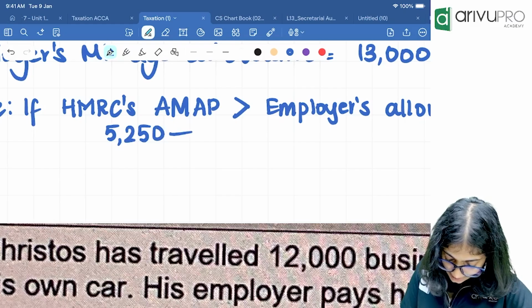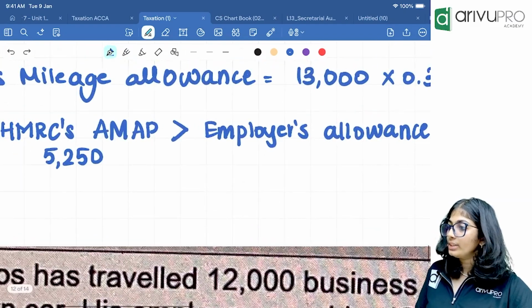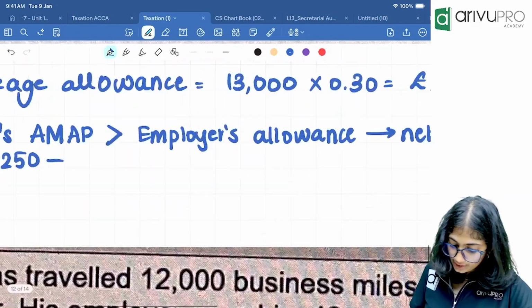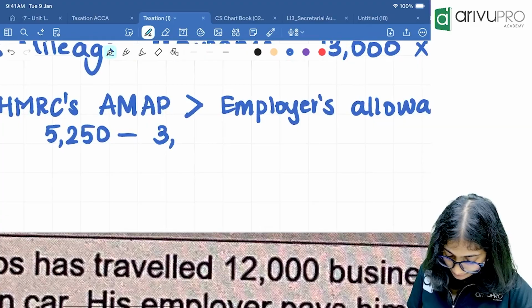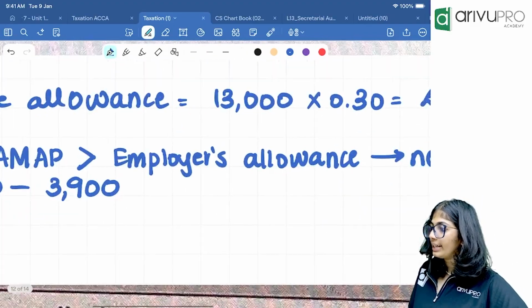Out of this, the employer's mileage allowance only covered 3,900 pounds.